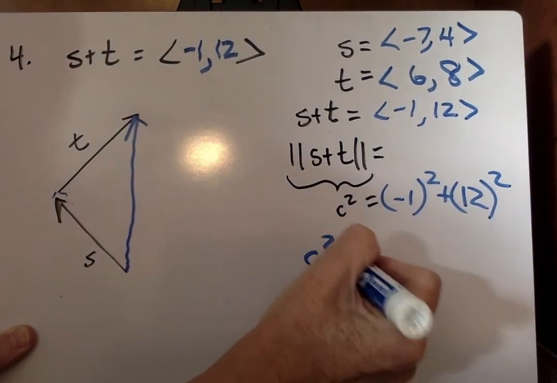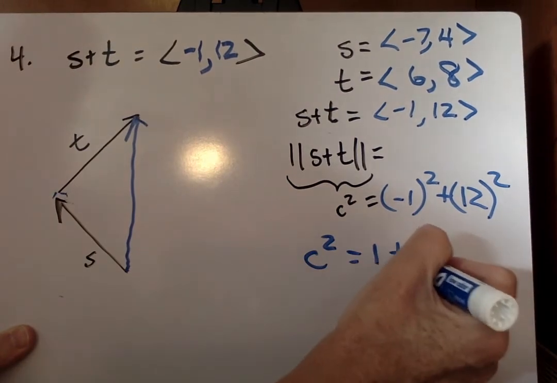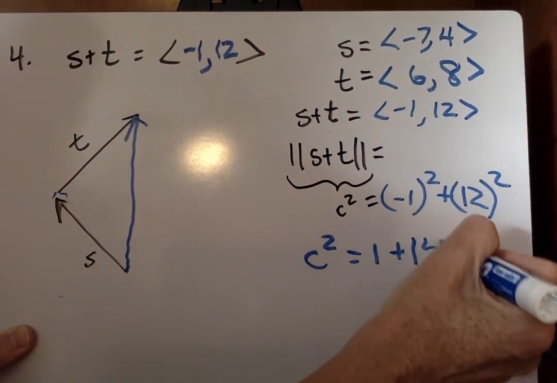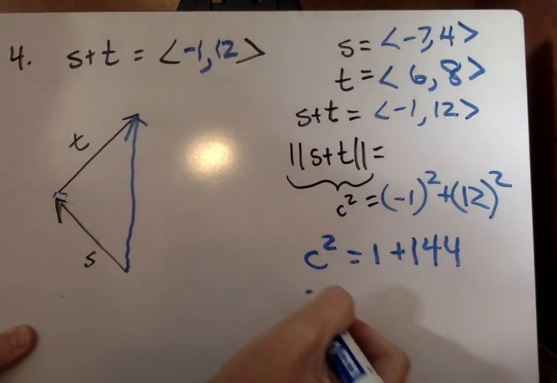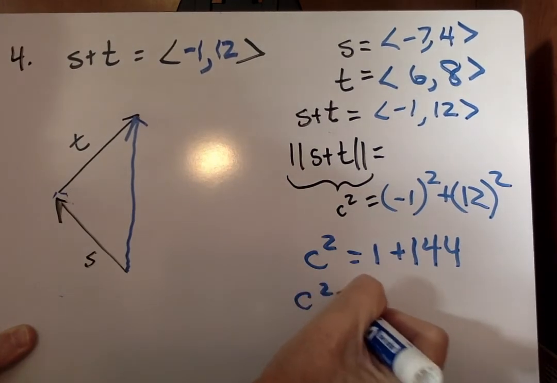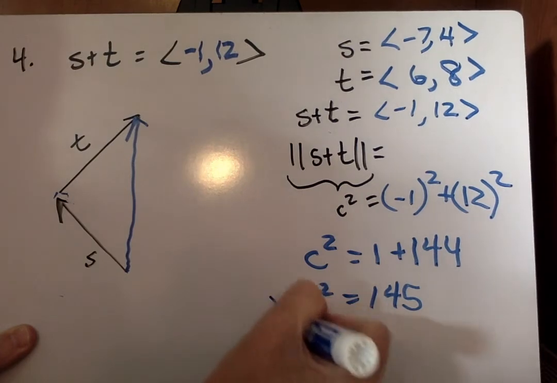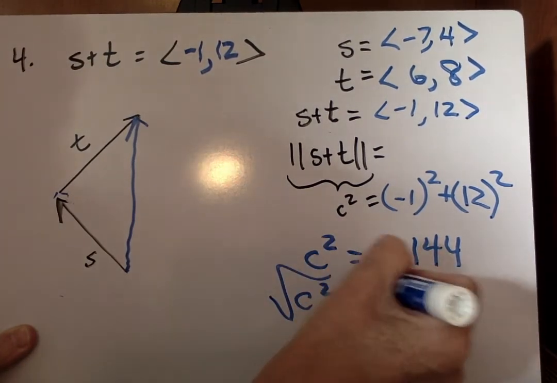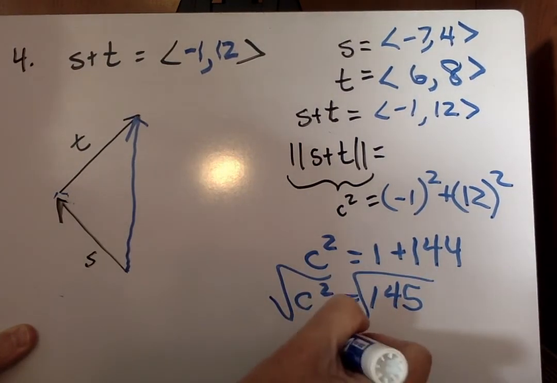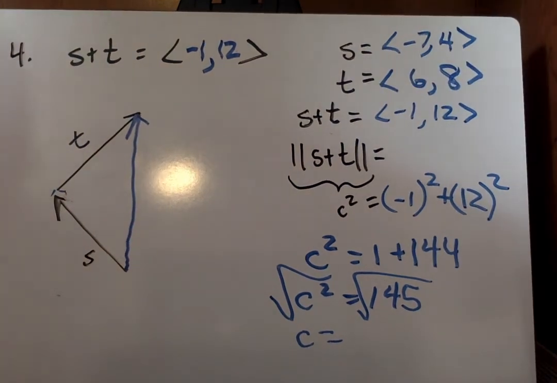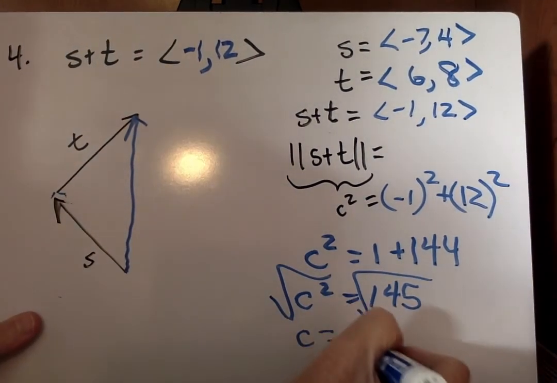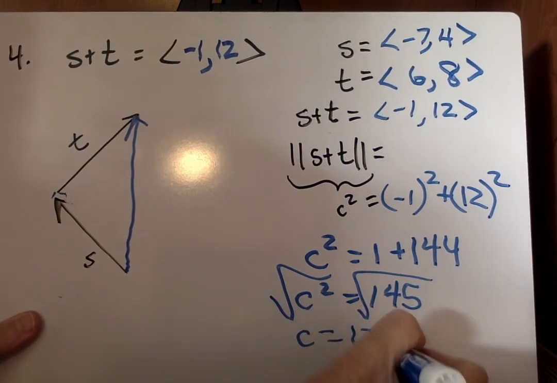So we say C squared equals 1 plus 12 times 12, 144. Okay, then I say C squared equals 145. And then we take the square root of each side. Don't forget the last step. So C equals, according to my calculator, 12 point something.